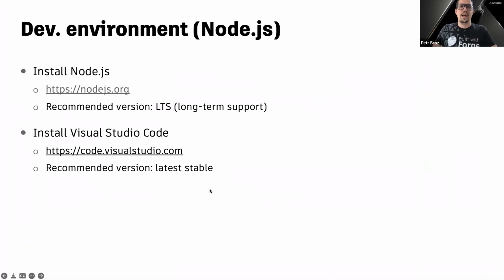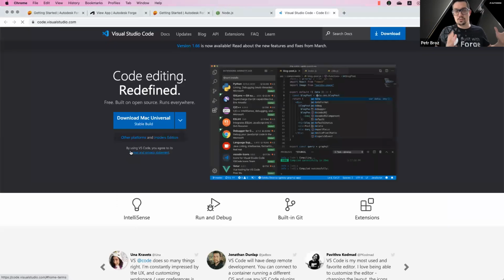All right, and for the editor, as I was explaining during day one, you are free to use really any code editor you want, because especially in the Node.js world, we may be running the app from a command line, from a terminal. But we would strongly recommend that you use Visual Studio Code. That's the free lightweight version of Visual Studio.